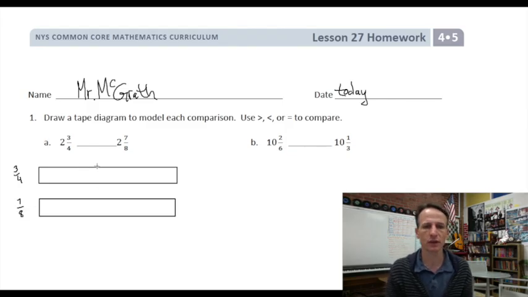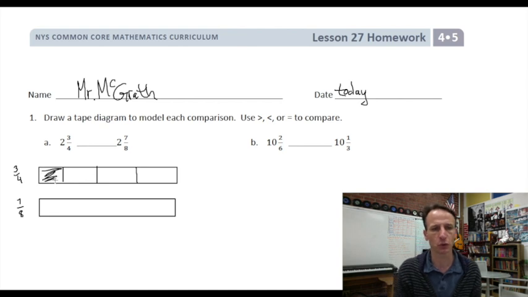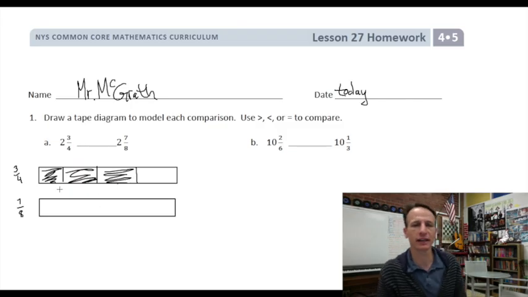All right, so if I take this, I know I can split it in half and then split each half in half, and that will give me fourths. Yeah, they're not perfect, but hey, neither am I, neither are you. All right, and so now on the next one, so there's 3/4 shaded in, and this is 7/8.